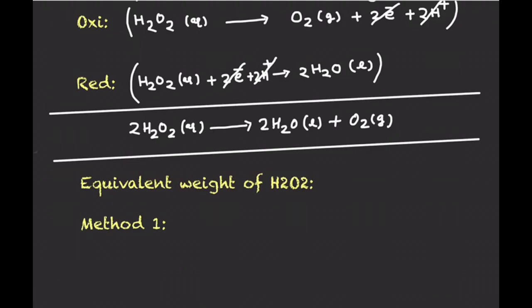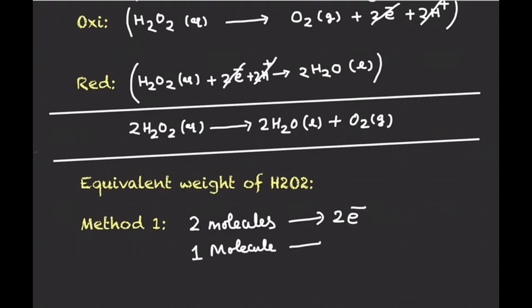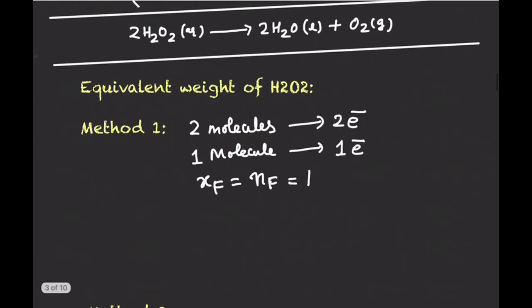In the balanced reaction, 2 electrons are participating and 2 moles of H2O2 are also participating. So according to method 1, for 2 molecules, 2 electrons are involved. So for 1 molecule in the overall reaction, 1 electron is involved. So the X factor or N factor of H2O2 in this chemical reaction is equal to 1. From there we can say that equivalent weight is equal to molar mass divided by N factor or X factor, which is equal to 1.